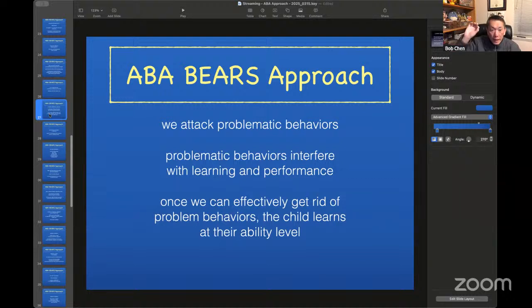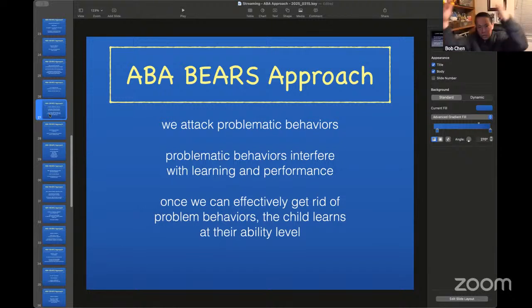And our philosophy from the time that we started this company was that if you can get rid of all these problem behaviors that the child has, then the child will be able to achieve whatever their ability level is. Now, the thing is, I don't know what their ability level is, because it's hidden under all of these problematic behaviors.